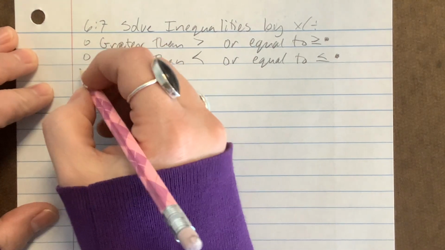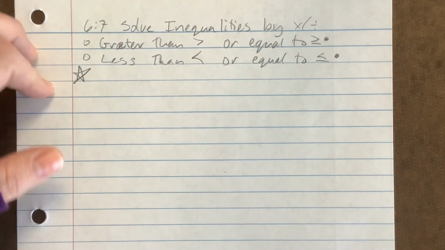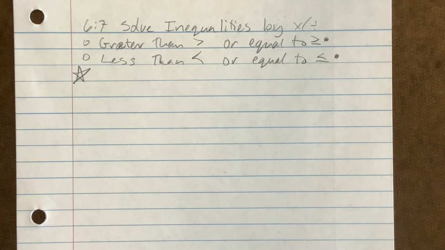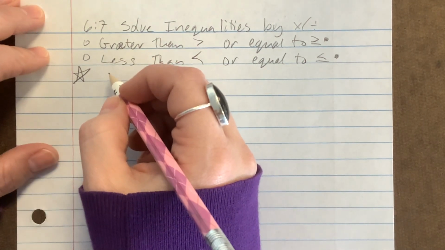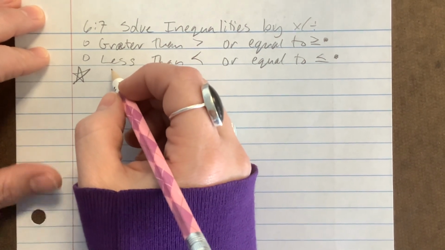Now the big thing we have to remember, this is the one rule that's different with inequalities than with equal signs. Okay, this is super important. Did I say that enough? Because it's really important.